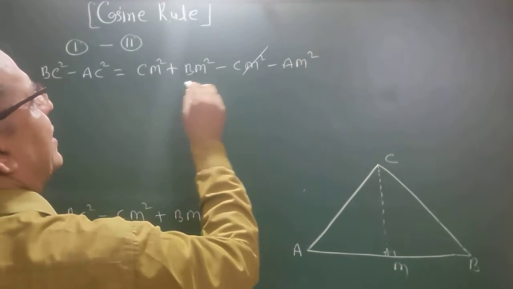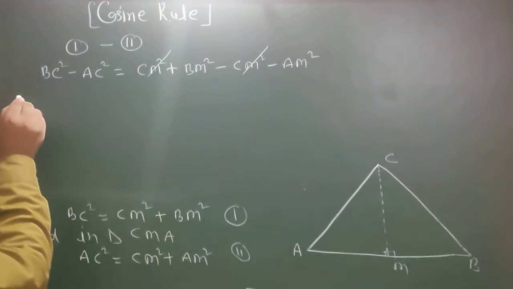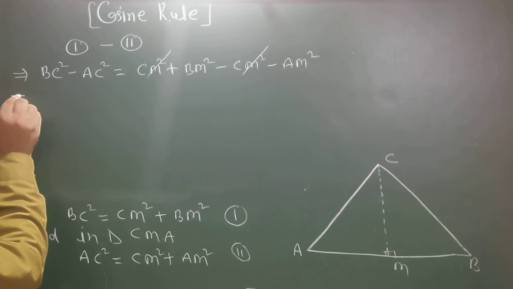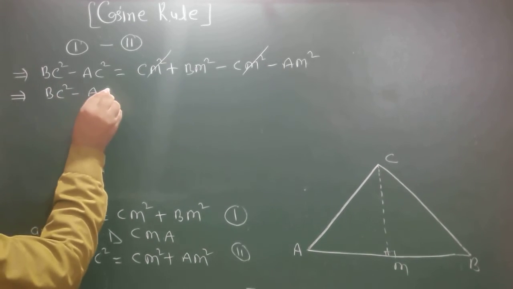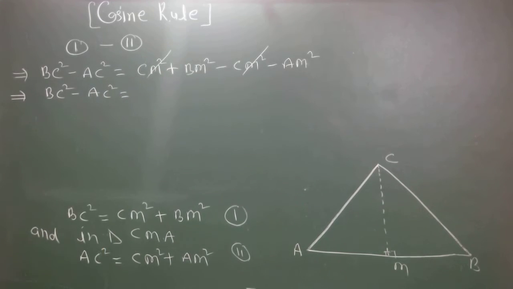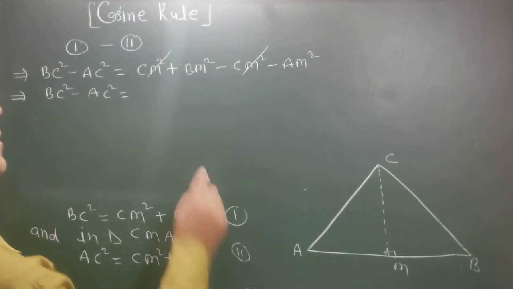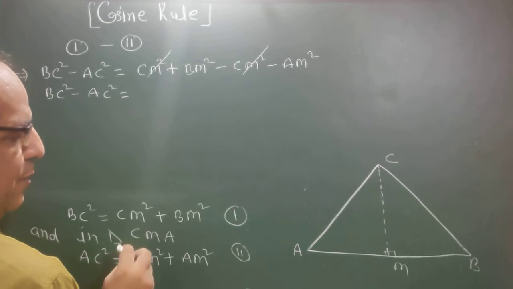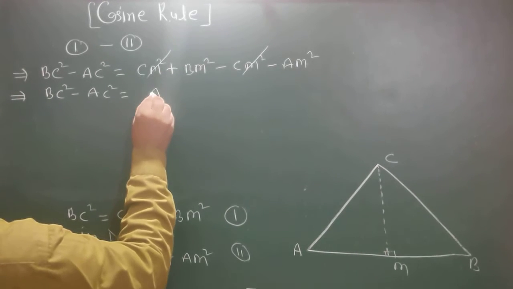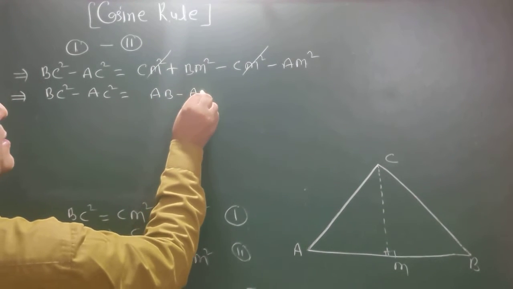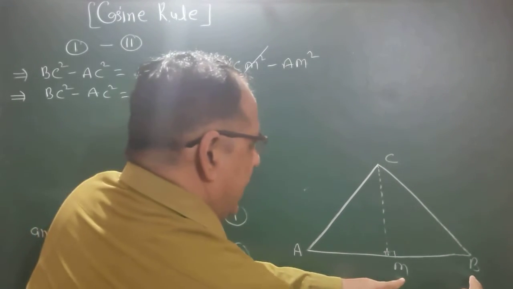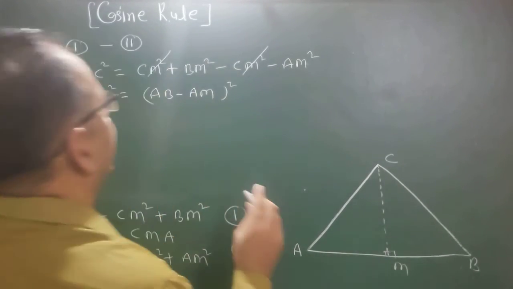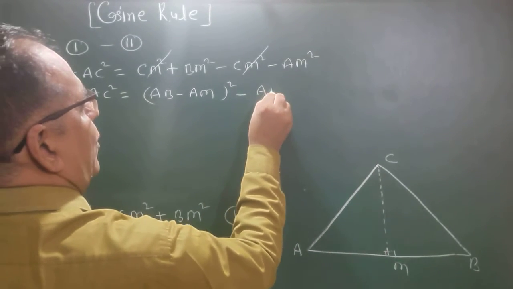So CM square cancels out by CM square. Now in the next step we have BC square minus AC square equals BM square minus AM square. BM can be written as AB minus AM, whole square.